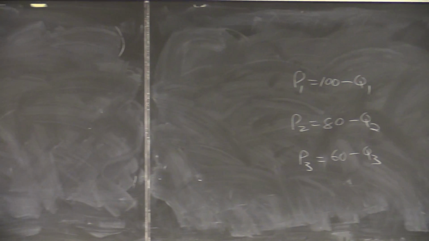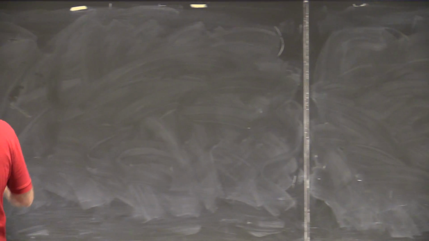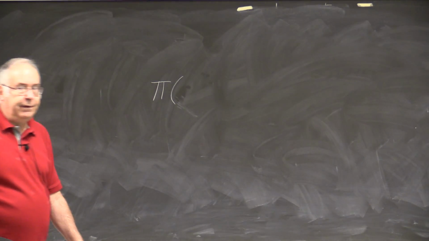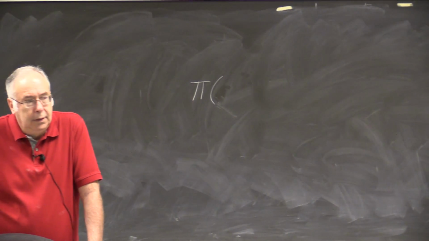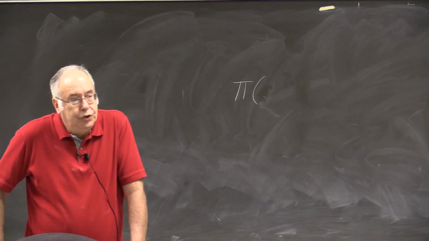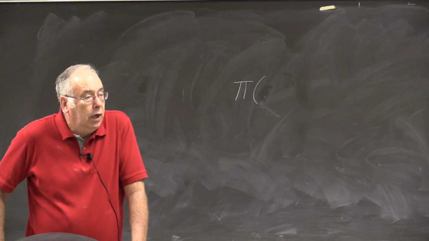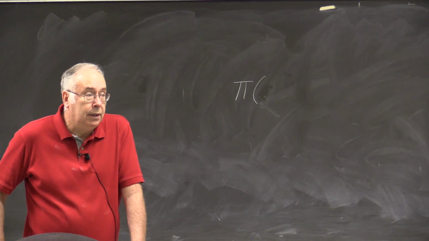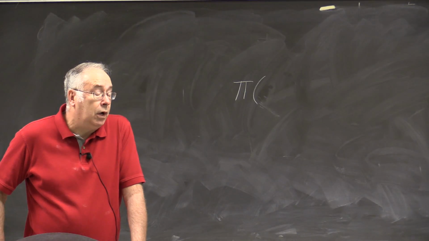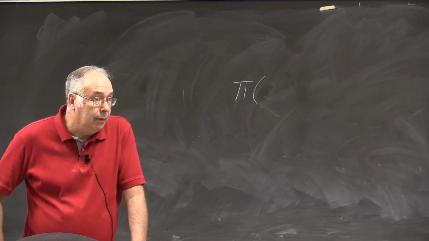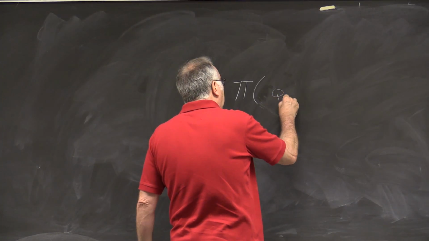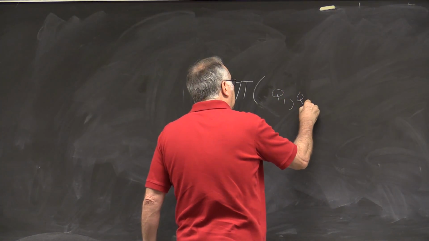So now we want to get a profit function, and this profit is going to be expressed as a function of what three variables? Q1, Q2, and Q3. You could do this problem as a function of P1, P2, and P3, but the easiest way to do it is as a function of Q1, Q2, and Q3.